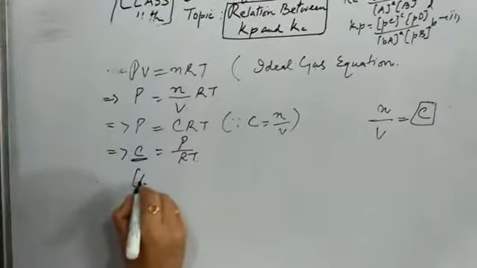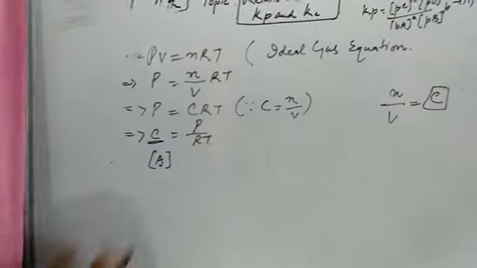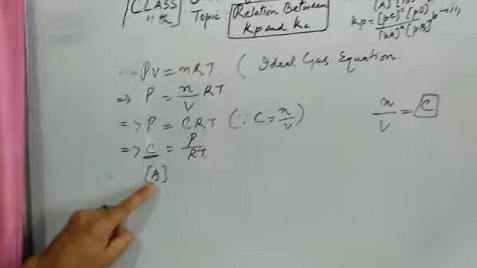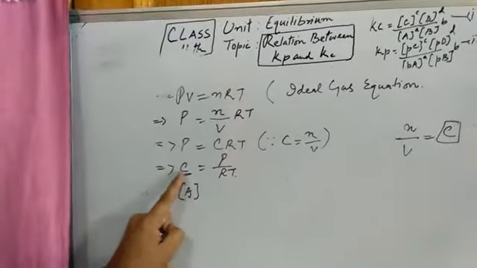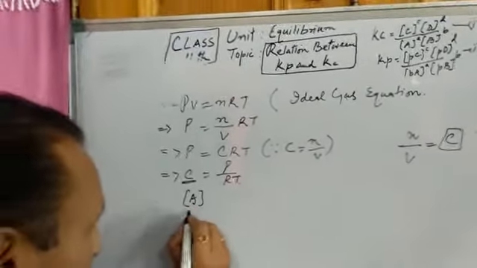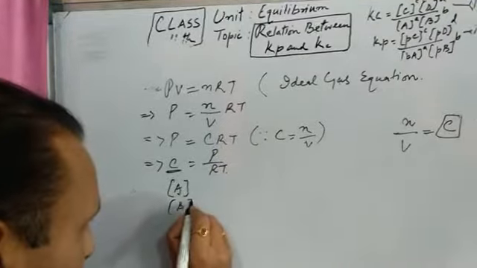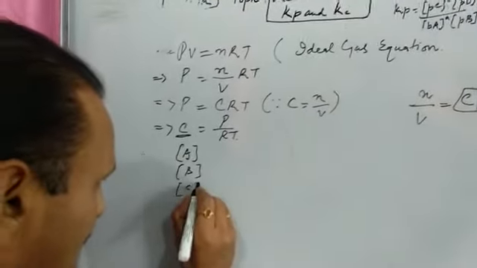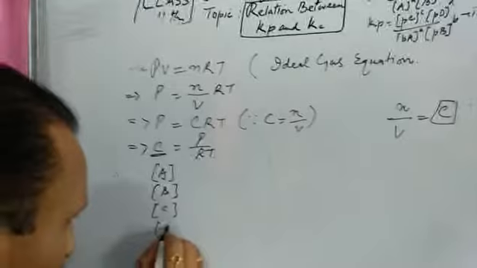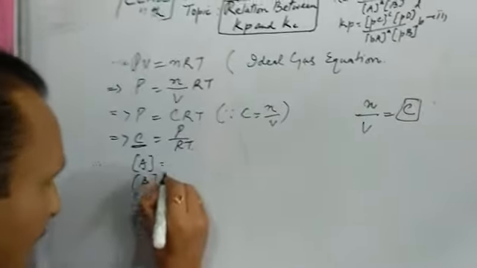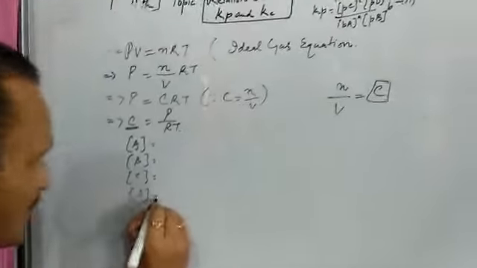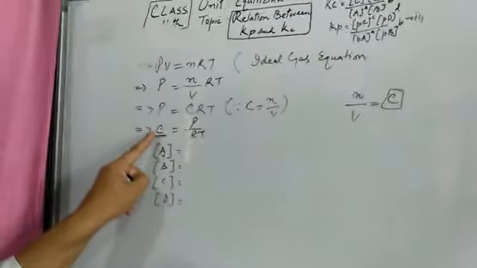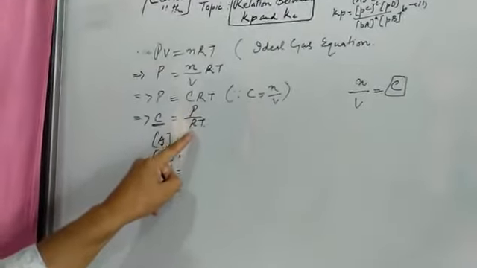For example, here the molar concentration of A, B, C, and D, we can find all these concentrations applying this formula, that is concentration equal to P upon RT.